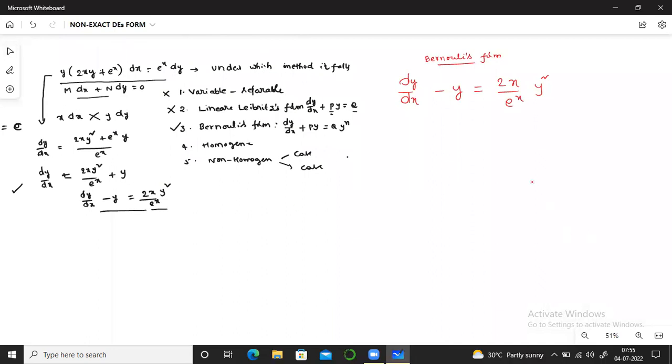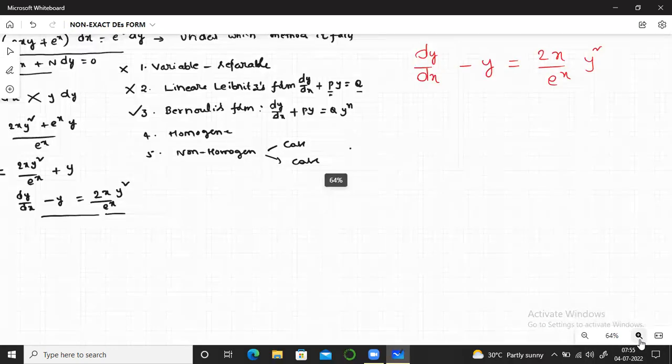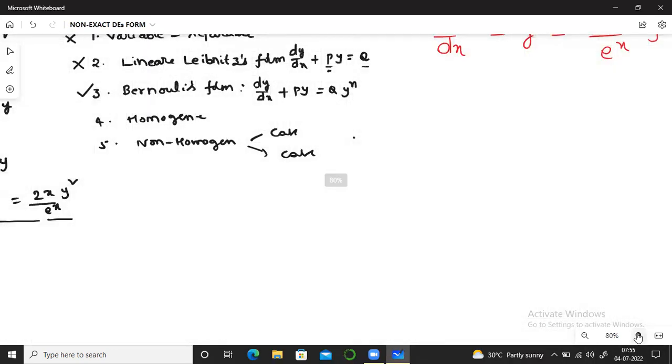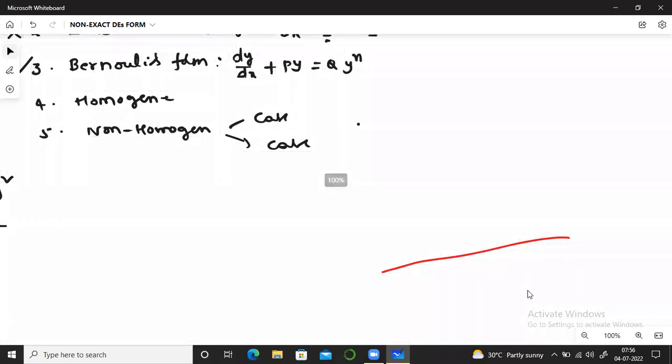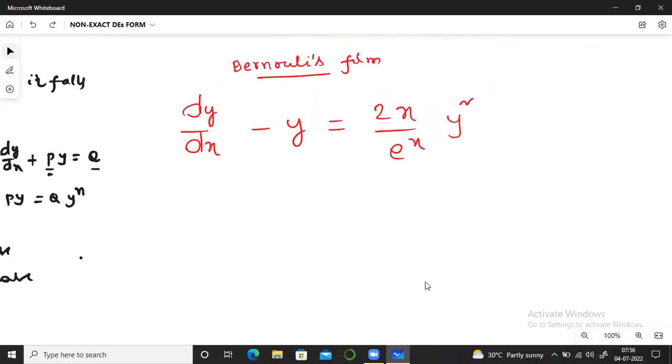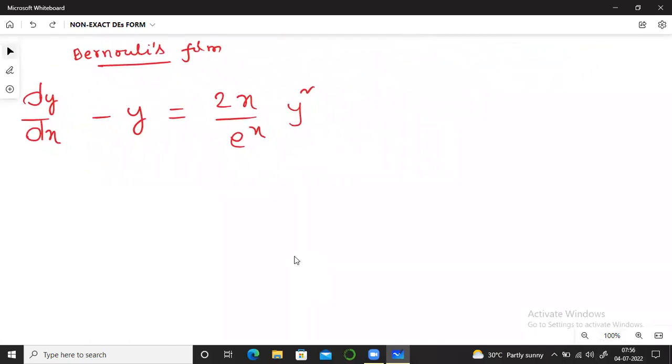This is actually Bernoulli's form. Same question actually, same question I am taking. After a little conversion, I got it in Bernoulli's form. Now it is in Bernoulli's form.